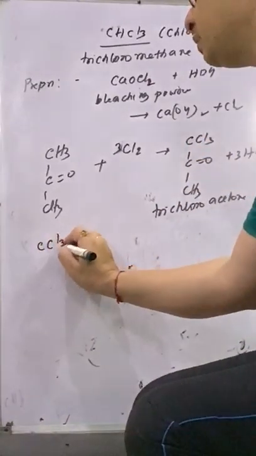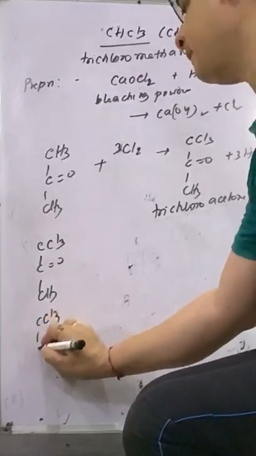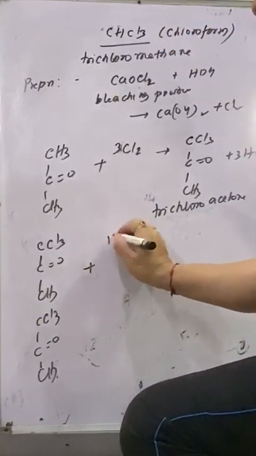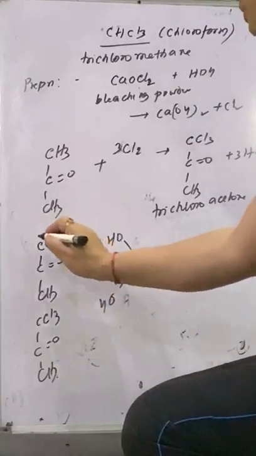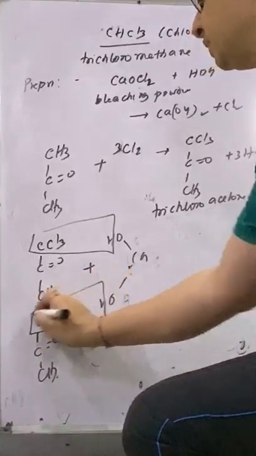Now take this trichloroacetone and treat it with calcium hydroxide. Once you treat this with calcium hydroxide, CHCl3 is out, from here also CHCl3 is out.